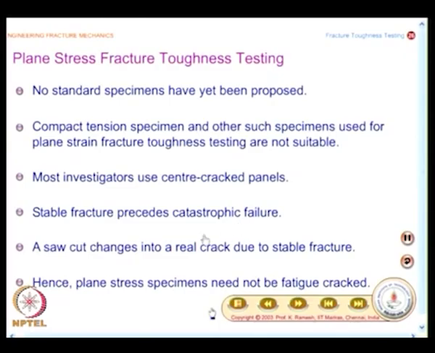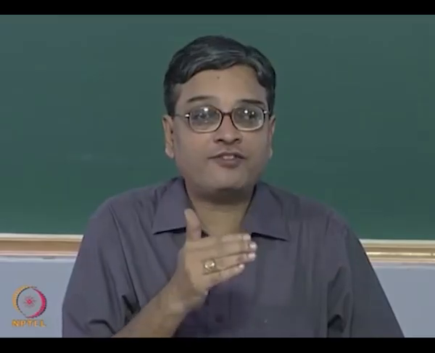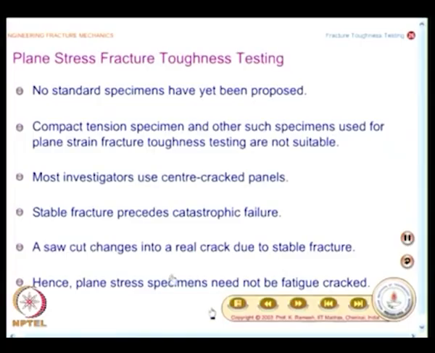So, what happens is if you have a saw cut, this changes into a real crack due to stable fracture. In the case of plane strain fracture toughness, you have to develop a natural crack by fatigue loading. In the case of plane stress testing, such a requirement is not needed, a saw cut is sufficient, but there are also recommendations on how thin the saw cut should be, what should be the root radius and so on and so forth.